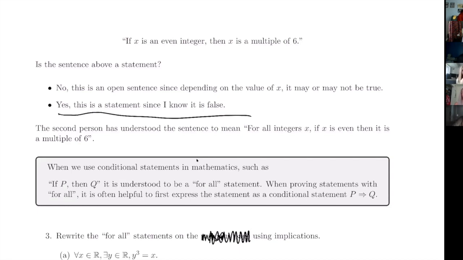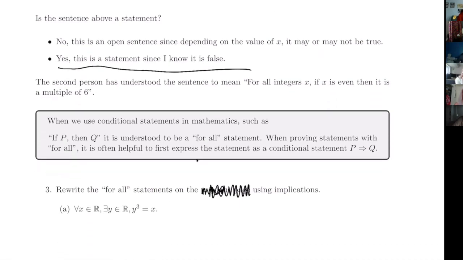So in this sense, mathematically, we would consider this a statement, and we would consider this statement false since it's not true for all values of x. X equals 4, that is a violation.